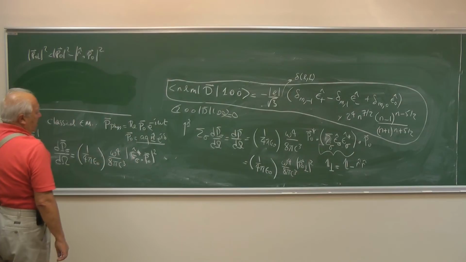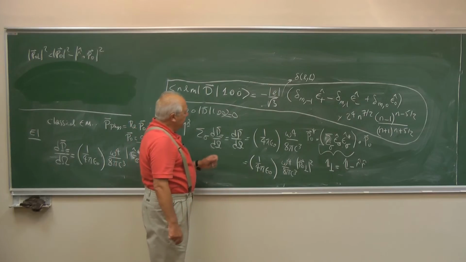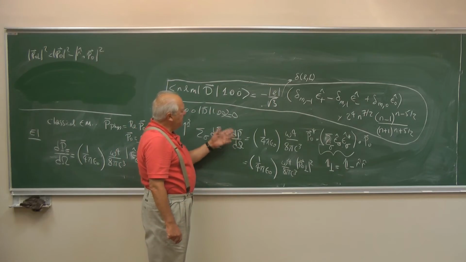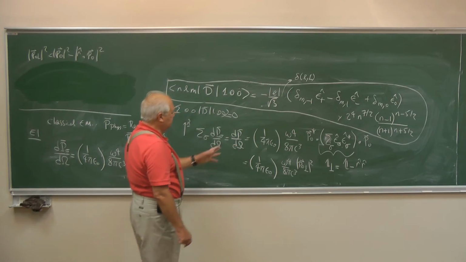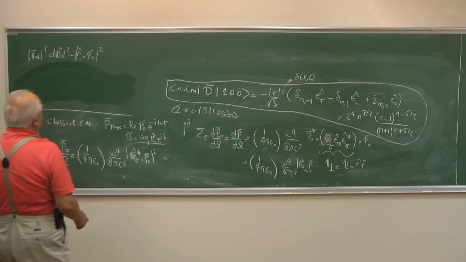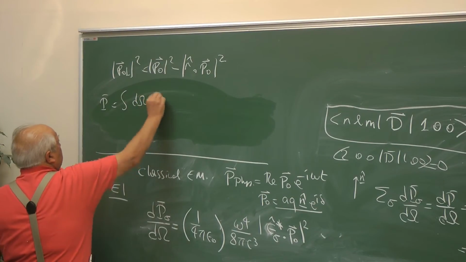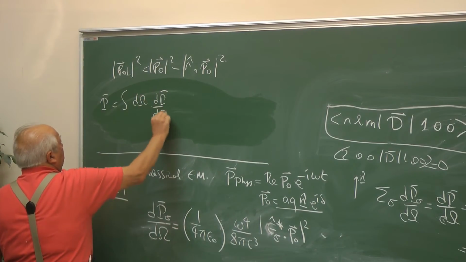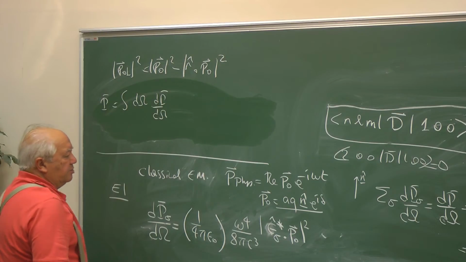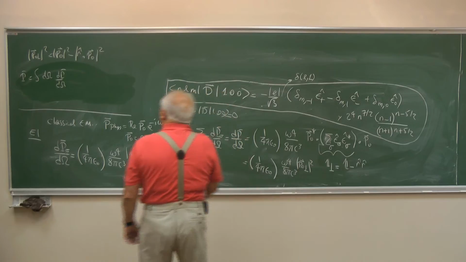Now, this is irrespective of the polarization, the average power radiated per unit solid angle in the R direction. What is the total power radiated by our dipole? So P is simply the integral of dP d omega over d omega. So this is the only thing that depends on the angles. Okay.